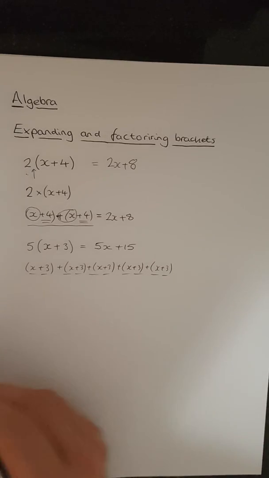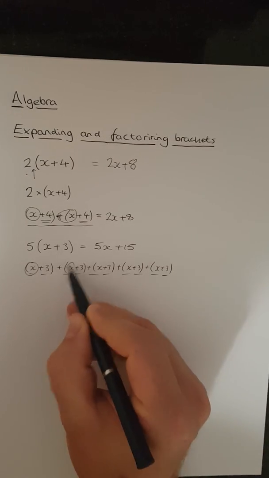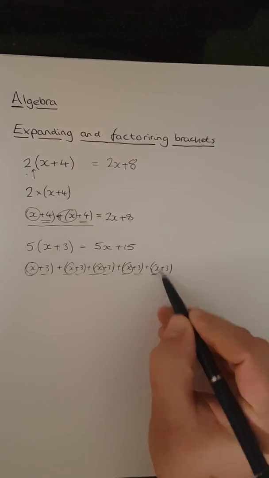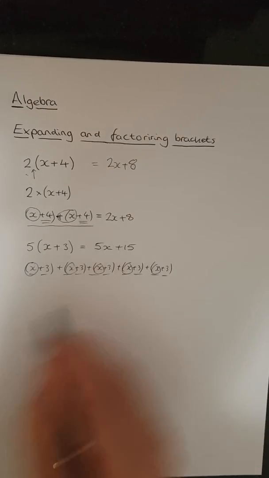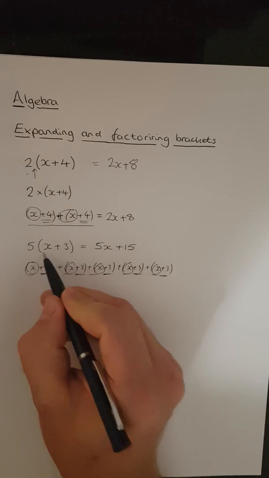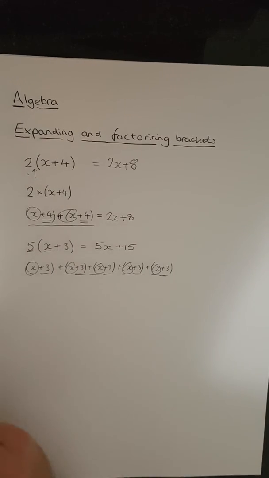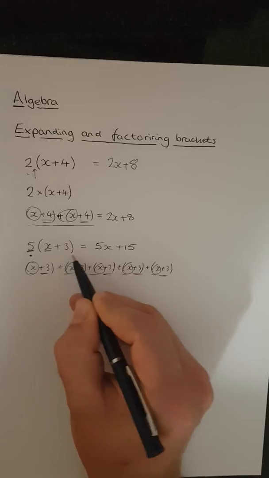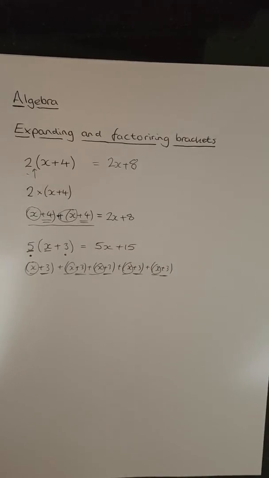Now, rather than writing this out, I'm beginning to see that I get 5 lots of the first term in the bracket and 5 lots of the second term. So 5 lots of the first term and then 5 lots of the second term.